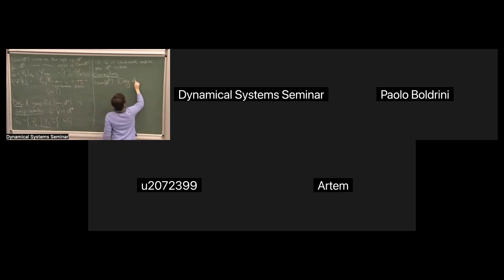So every phi in Isom D star can be written in the following way. So phi is, I'm going to write it as some sigma, phi sub 0, phi sub 1, and so on up to phi sub d minus 1.